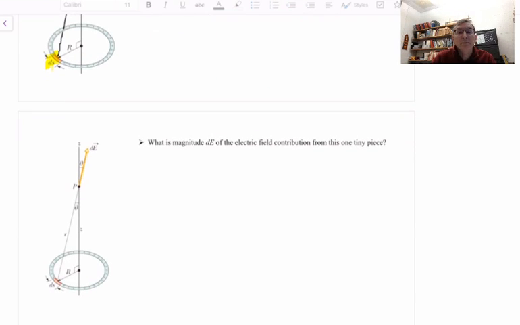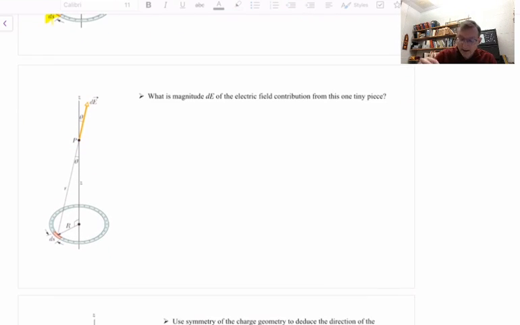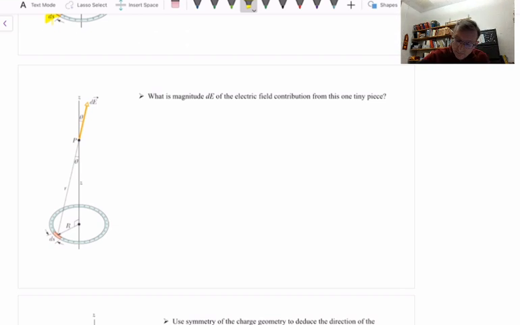All right, here's the next picture. Now let's be really clear as we can about this. You can see they've drawn in the straight line from the charge element out to point P, and they've said that distance is little r.